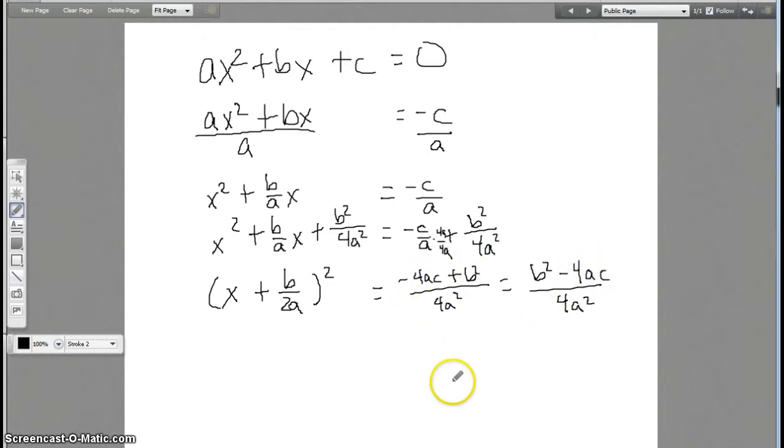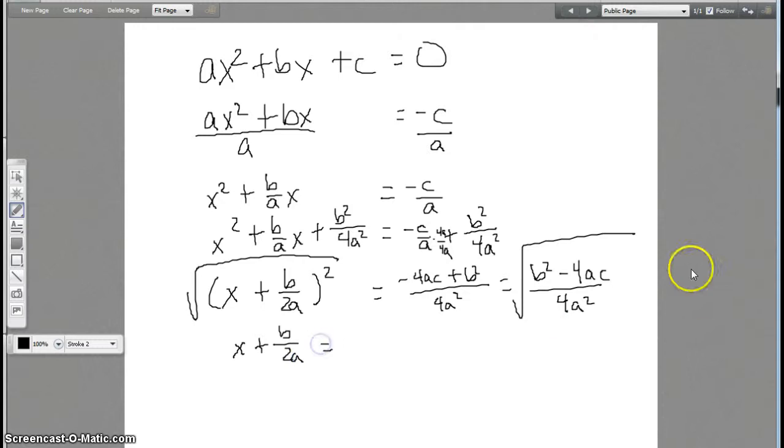Okay, so now what I can do is take the square root of both sides. I'm going to ignore this part in the middle, and I'm going to take the square root of the left side and the right side. When I take the square root of the left side, I get x plus b over 2a. When I take the square root of the right side, remember it's got to be plus or minus, and it's the square root of b squared minus 4ac over 4a squared.